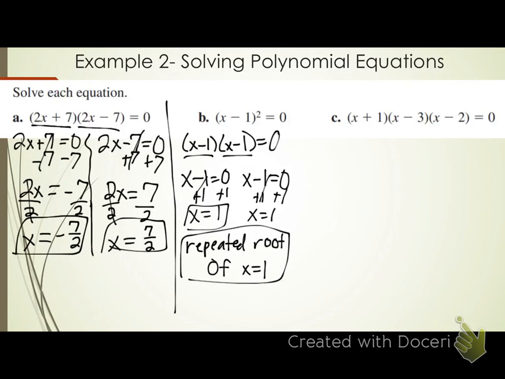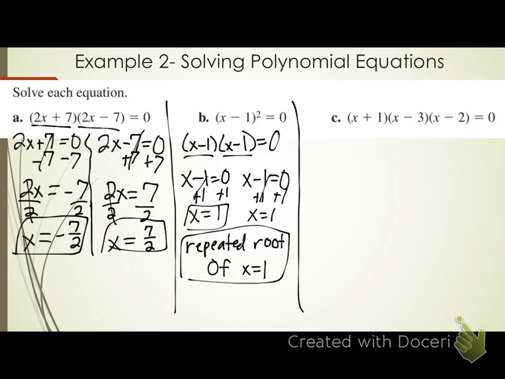That's what I'd put. We're okay with that. So I only have one solution here, just x equals 1. 1's the only number that's going to make this equation true. We okay with letter B?